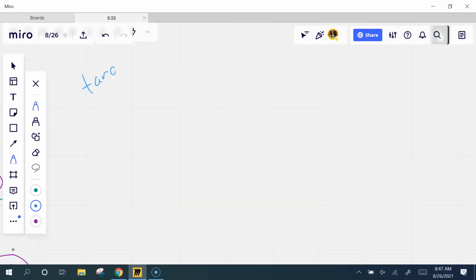I'm going to call this off on a tangent, because we're off on a tangent. This is a side note, sidebar. Yeah, no, that's fine. Just a little math humor for the math nerds in the class.